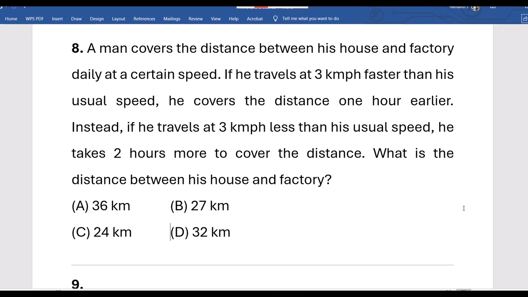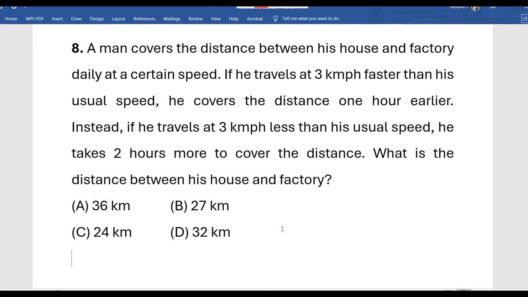Now, whether you people have proper application knowledge or not, we'll check it here. See, here distance is constant or not? Distance is constant. Speed increased or decreased, automatically timing will be affected, right? You can apply what we discussed already.